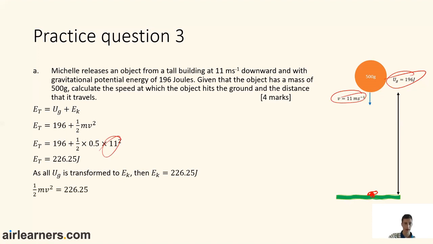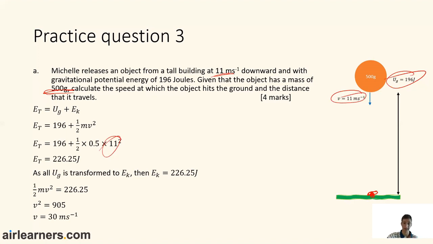So we can equate the equation for kinetic energy to that, and using this M of 500 grams, so 0.5 kilograms, we can get V squared is 905, which then results in V is equal to 30 meters per second, correct to two significant figures. So the minimum number of significant figures is 2, which is the most that we can give our answer to. That's the first part of the question.